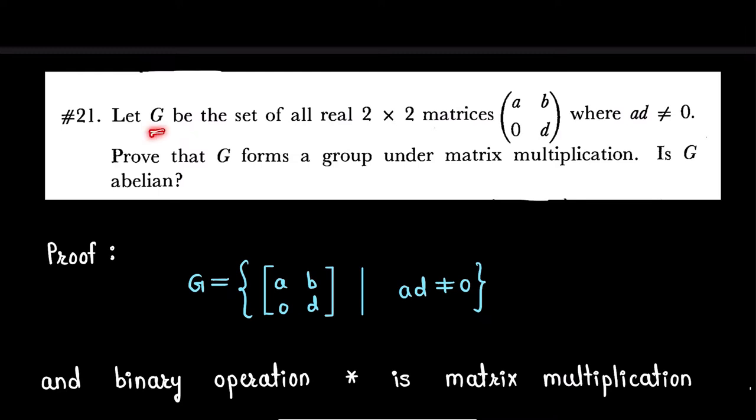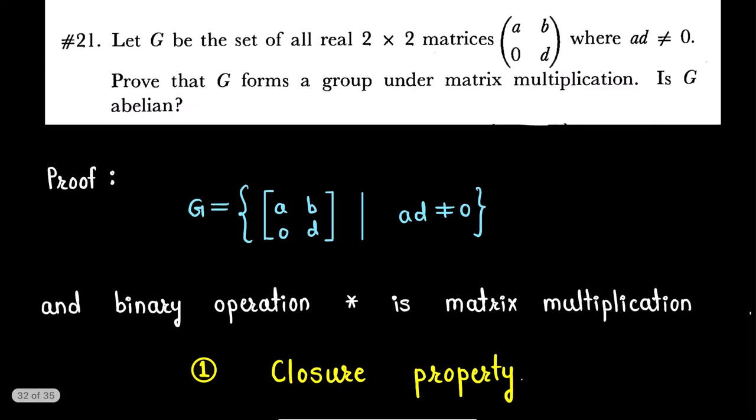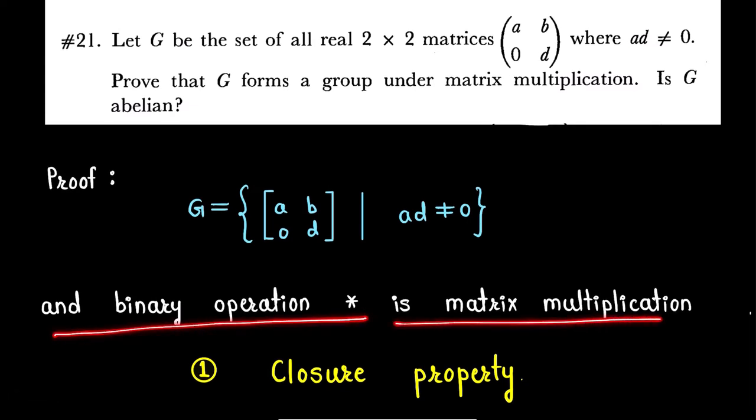The given set G is the set of all 2 cross 2 upper triangular matrices with the product of diagonal entries not equal to 0. And the binary operation star is the usual matrix multiplication.